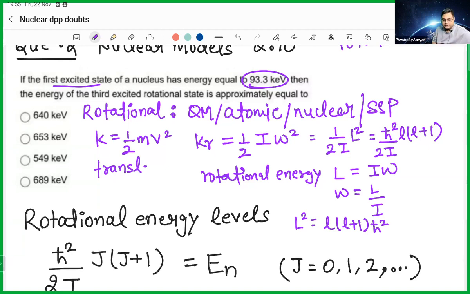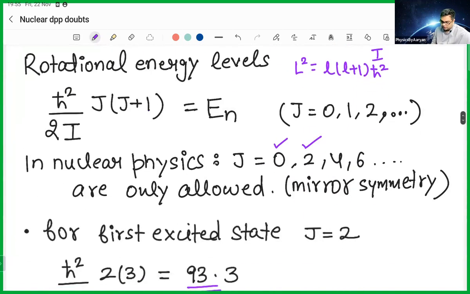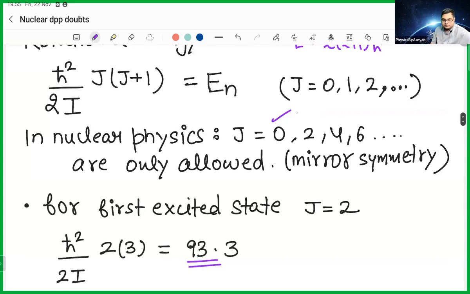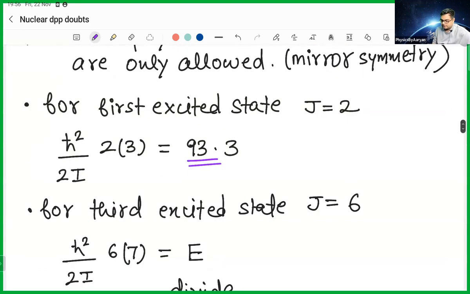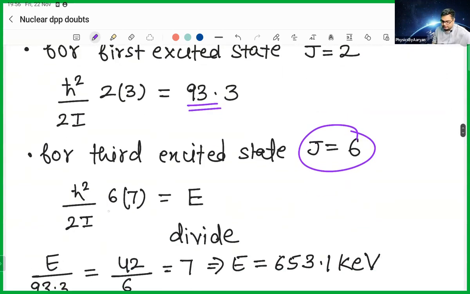Now what is asked? They are asking for the energy of the third excited state. If I want the energy for the third excited state, what is going to be my J? Ground state, first excited state, second excited state, and third excited state. It means for the third excited state, J is 6. So now I put J equals 6, and I get h cut squared by 2I into 6 into 7.